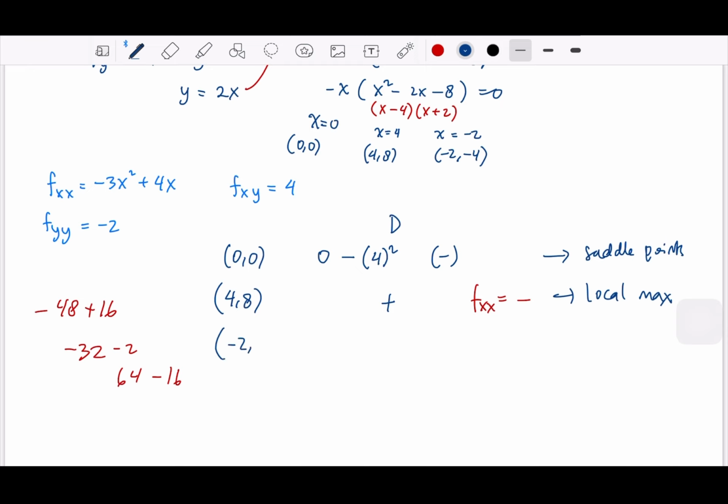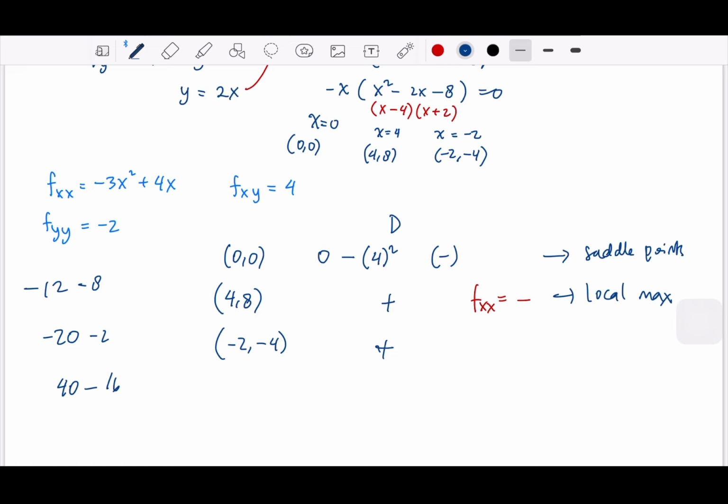And then another point we can check. D will be negative 2 squared for negative 12, negative 8, so negative 20, negative 2, 40 minus 16 is already positive.